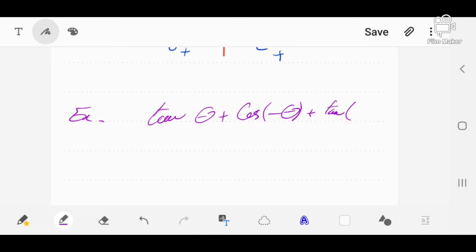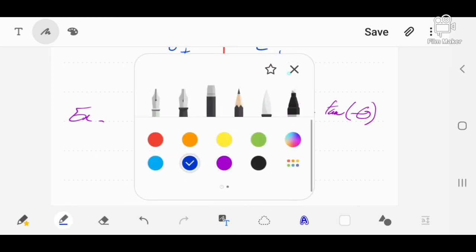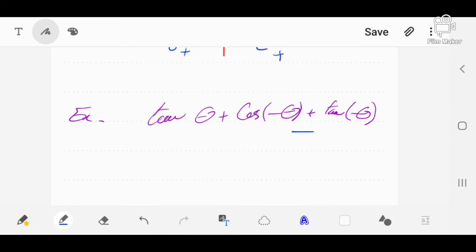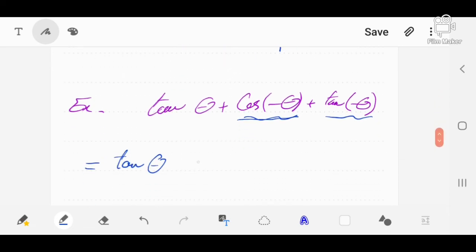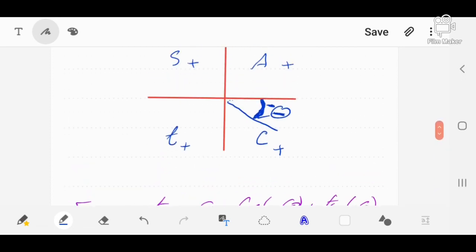Well, we have negatives, so first of all we have to get rid of the negatives inside the angle. Tan theta, let's take it down. So tan theta, cosine negative theta, as we said, is equal to cosine theta. So plus cosine theta. Tan negative theta, we said, is negative tan theta. So this will be minus tan theta instead of a plus.